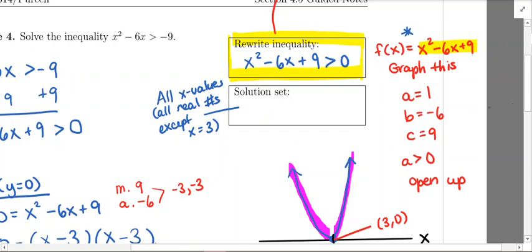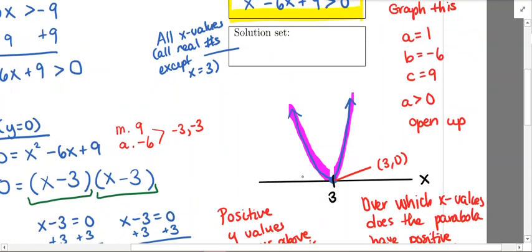Now how do you write that in interval notation? Let's look at the left side of the parabola here. This is occurring for x values strictly less than 3, so from negative x values up until 3. We don't want to include 3, so we put a parenthesis to throw it out.